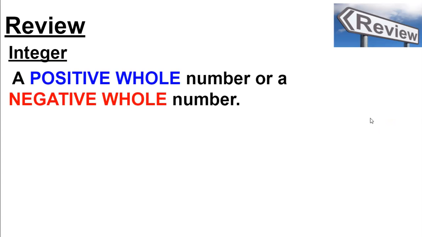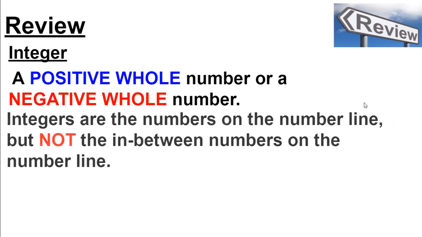Okay, a little more review. What is an integer? Do you remember? Did you say a positive or negative whole number? Remember, whole numbers are counting numbers: 1, 2, 3, 4, 5, etc., or -1, -2, -3, -4, -5, etc. They are not the in-between numbers.